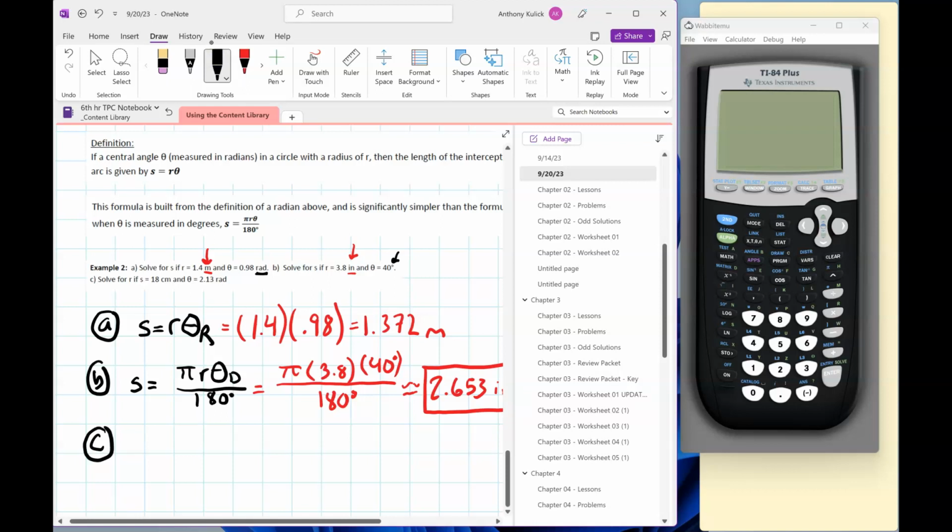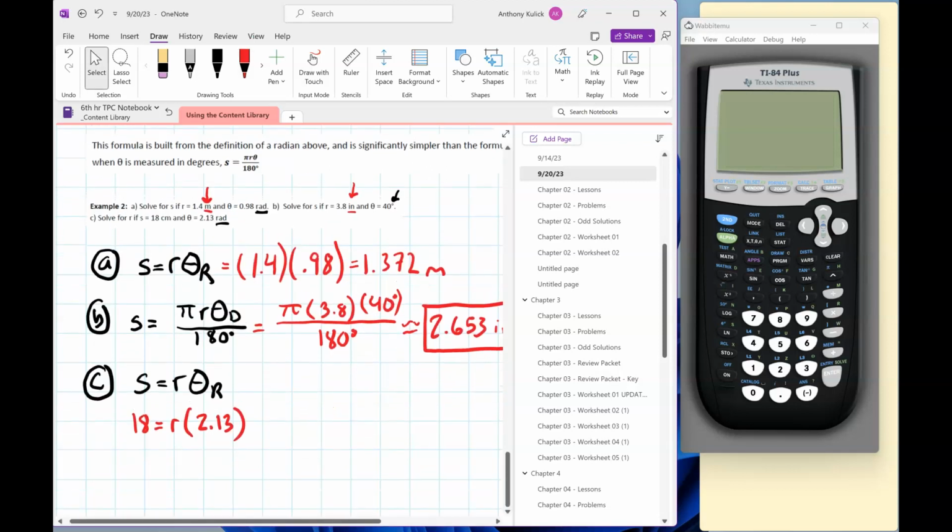C says solve for R if S is 18 centimeters and theta is 2.13 radians. So again, I'm given a radian measure, so I'm going to use the radian formula. But this time we're asked to solve for R. So we're told 18 is S, and theta is 2.13.